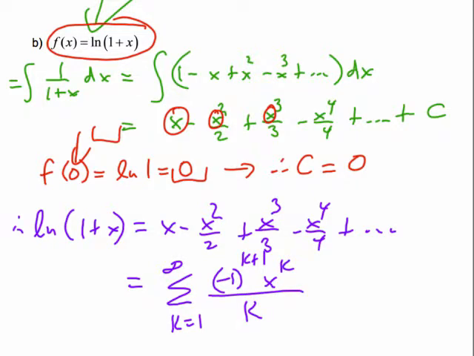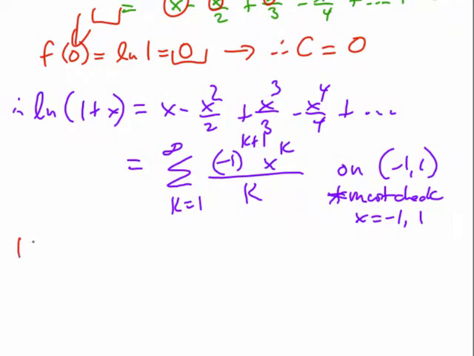Now, the interval of convergence will be the same as the previous function that this came from, which is what I had above. But because I've integrated, I must check endpoints. So if x is equal to -1, I'm going to substitute -1 into my power series.